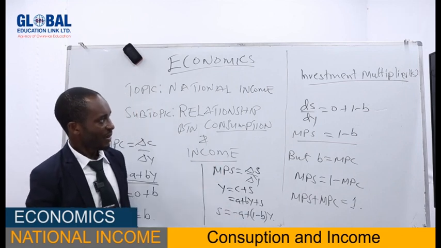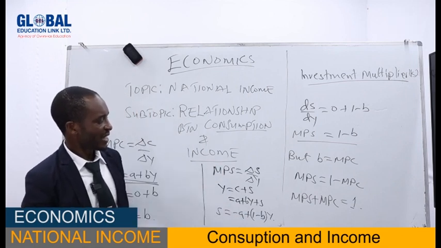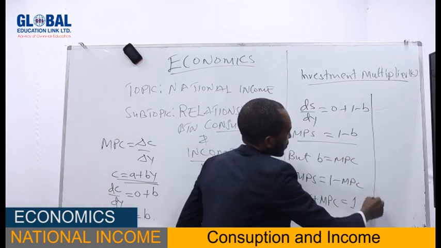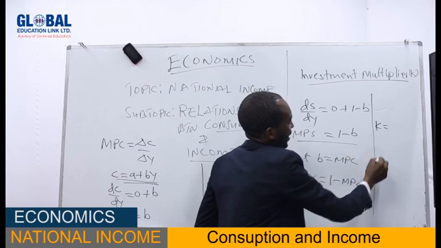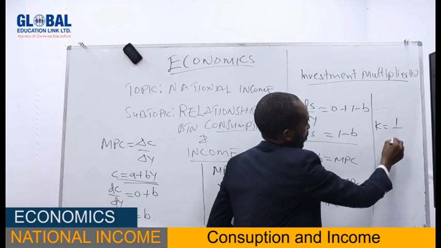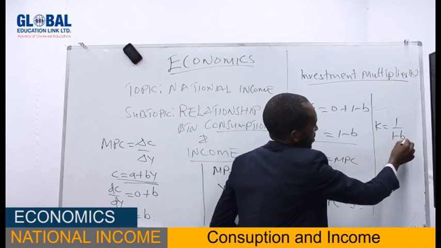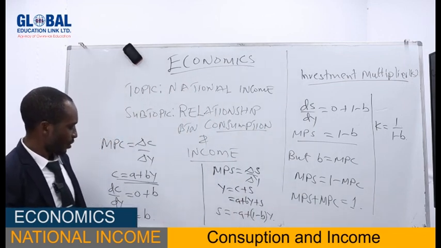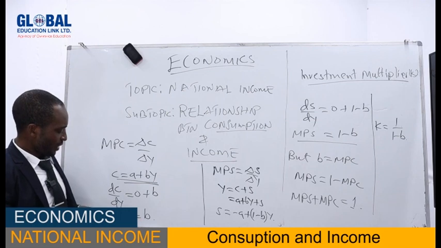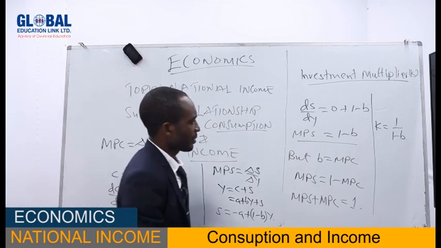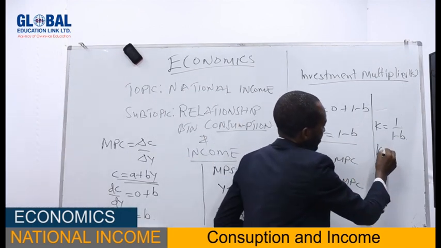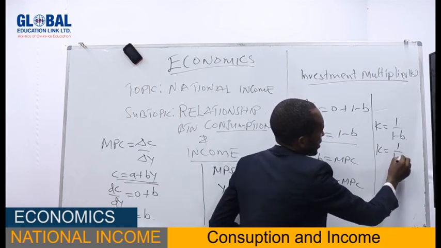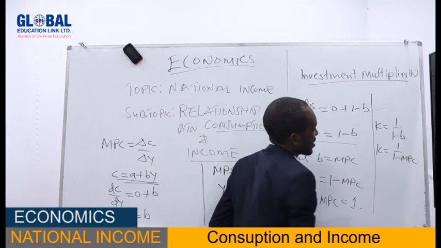Let us go back and see our investment multiplier. As we said, investment multiplier equals 1 over 1 minus B. But here we already found the value of B, and B equals MPC. So investment multiplier will be equal to 1 over 1 minus MPC.